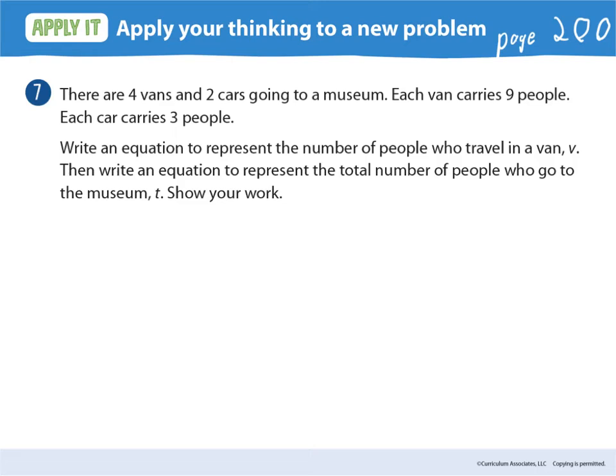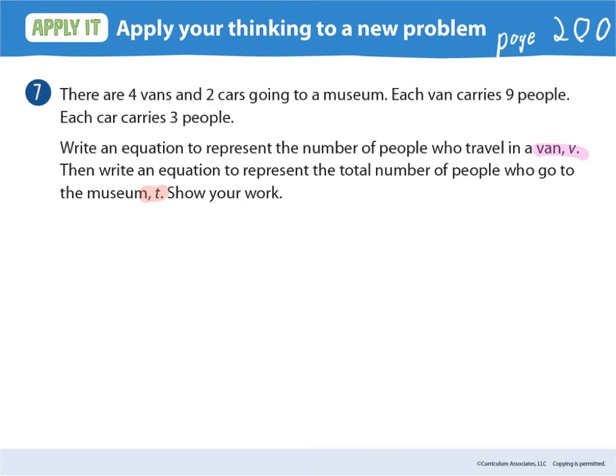We're going to use V for van, and we're going to try to solve it so we know how many people go and travel to the museum. So when we do this one, a couple different ways we could do it, but let's just start by reading it very carefully here.